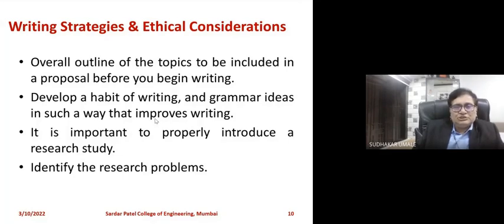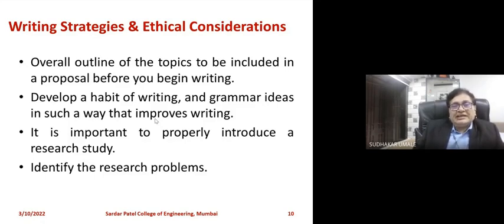It is one of the issues, and hence I want to clear that issue during writing of your strategies. Overall outline of the topics to be included in the proposal before you begin writing. So this is very important. Before you start writing your research problems, the overall outline of the topics must be decided.